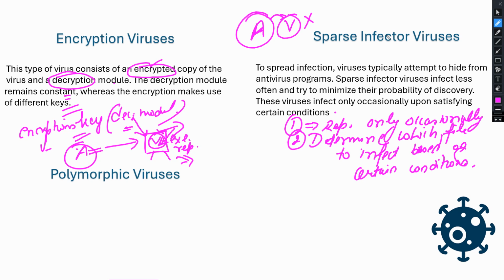Again, these are the sparse infector viruses. Now we have another one, that is polymorphic viruses.